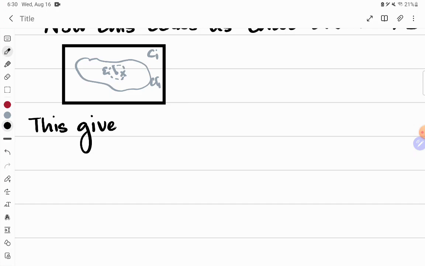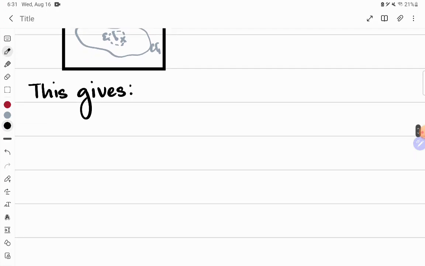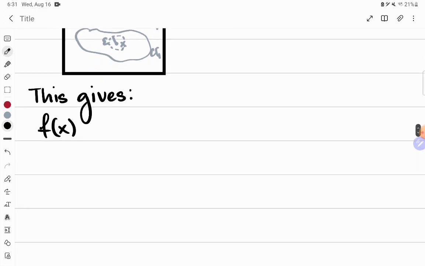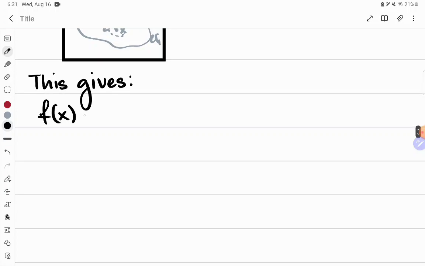This gives the following: f of x, where x is that specific point, not just some, it was generically chosen, is going to equal 1 over n times the sum.